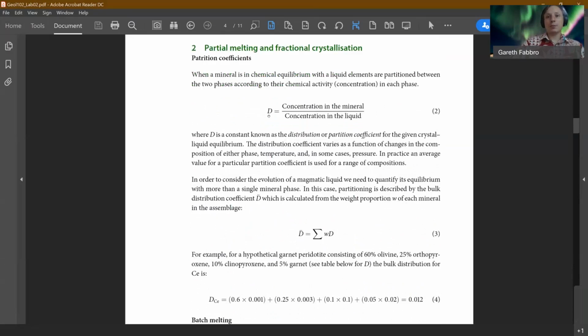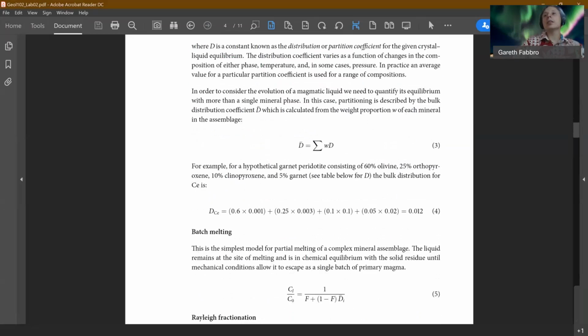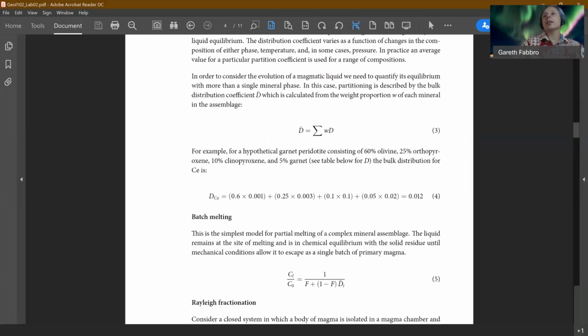So this first bit is just explaining again what we went over in the lecture, so you can read it if you don't remember. Remember that the partition coefficient is the concentration of an element in mineral divided by the concentration in the liquid.